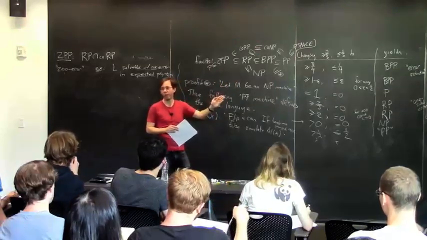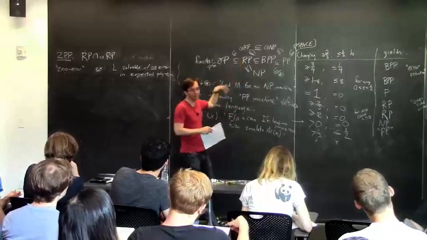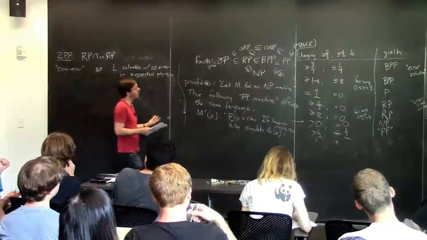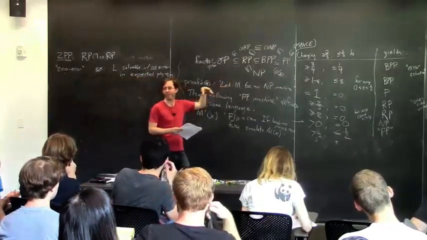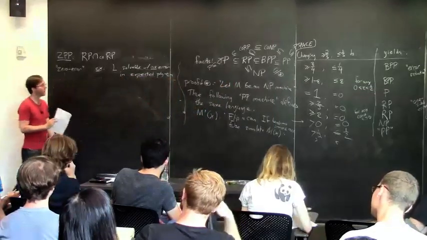It's always one-sided error, one way or the other. So in some sense, RP and co-RP are the classes that really come up in practice, but we still like BPP because it contains both of them. It's probably similar to them. You don't have to worry about what direction the error is going.